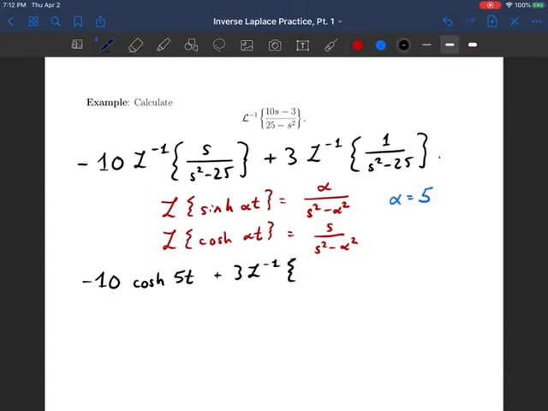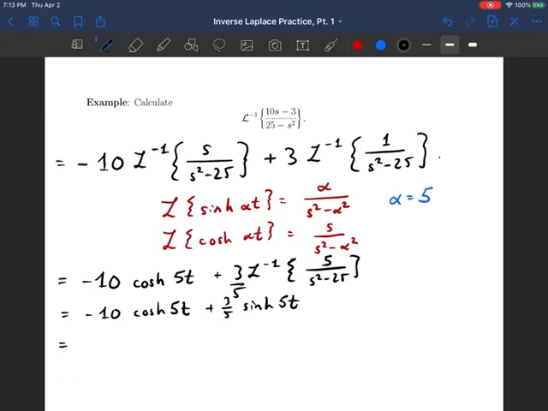And then we have 3 inverse Laplace transform of 5 over s squared minus 25. But to put the 5 in there, of course, we have to divide by 5 on the outside. And so that becomes minus 10 cosh 5t plus 3/5 sinh 5t.